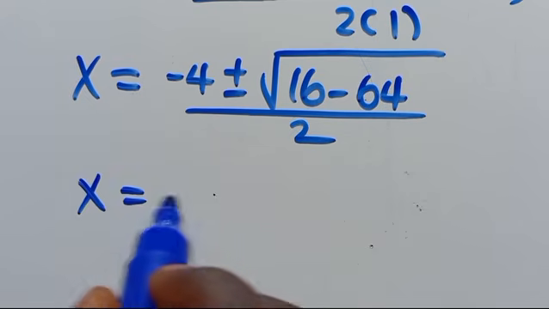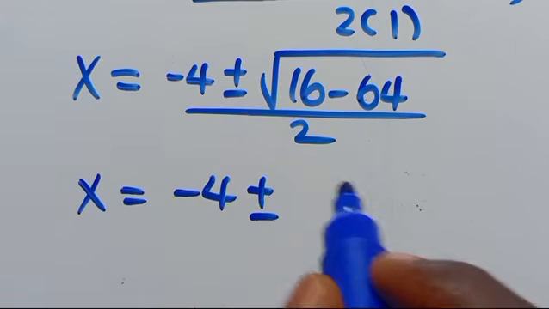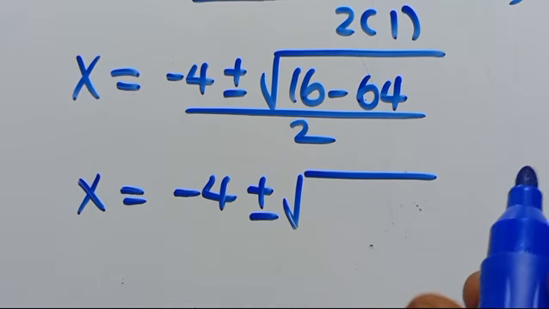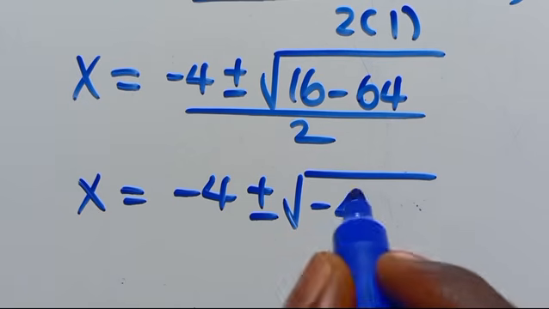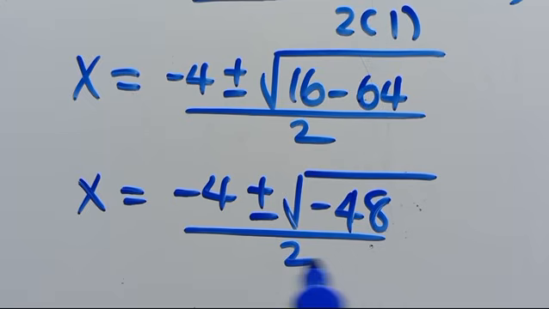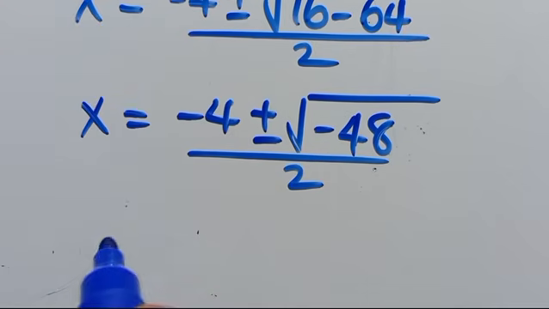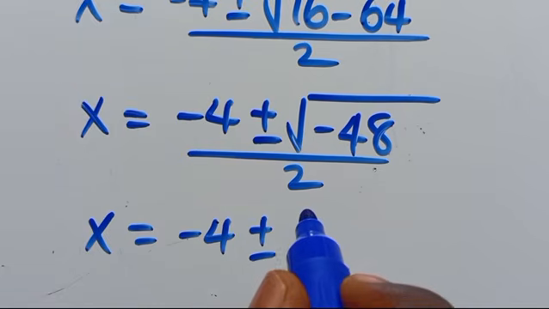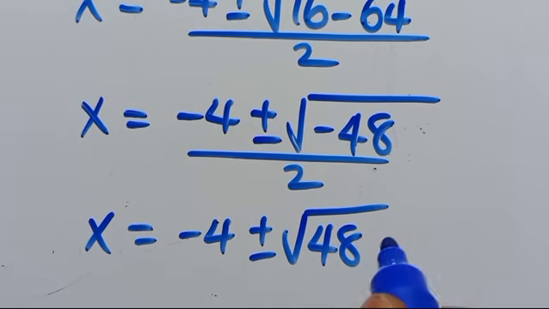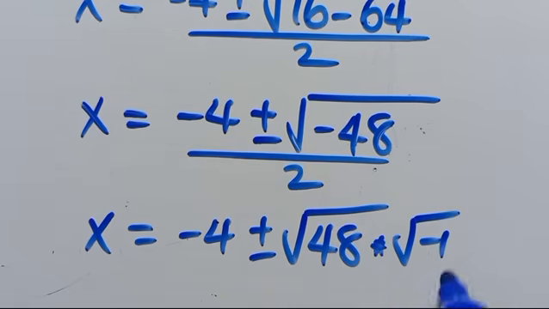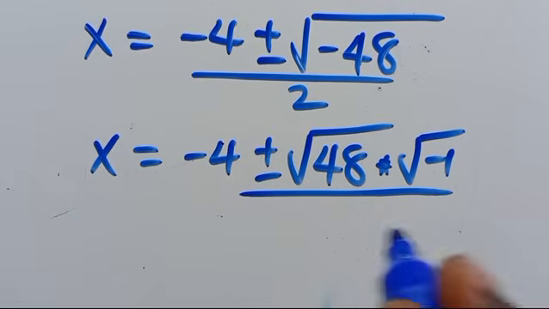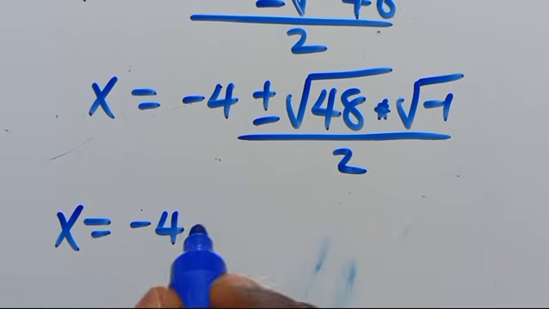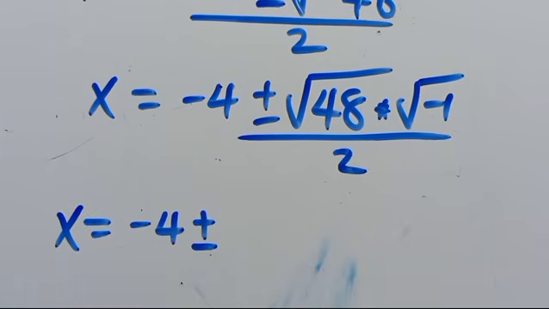We have x equals minus 4, positive or negative, root of minus 48 over 2. We have x equals minus 4, positive or negative, root of 48 times root of minus 1 over 2.